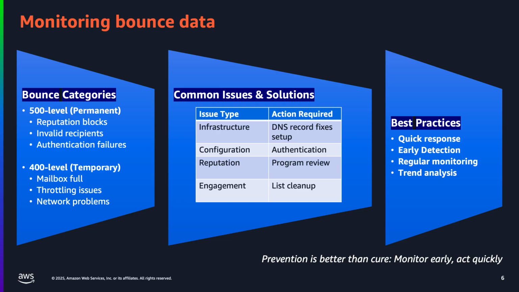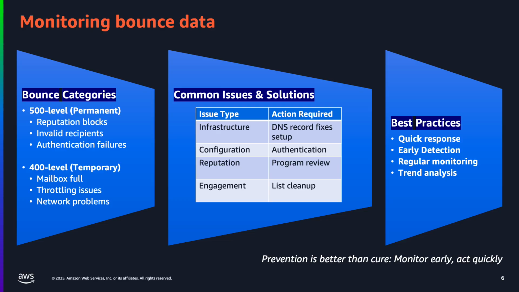SMTP response data provides critical, valuable information for email deliverability analysis, as bounce messages often include specific codes indicating whether errors are permanent or transient, along with detailed reasons and mitigation steps.